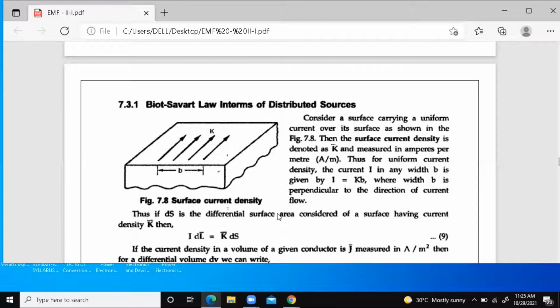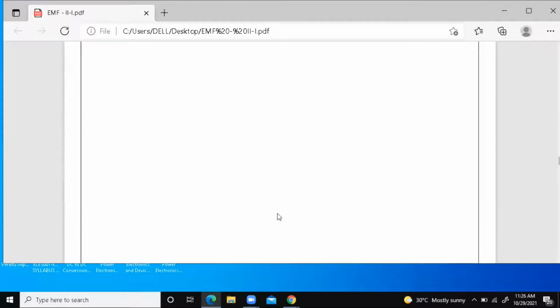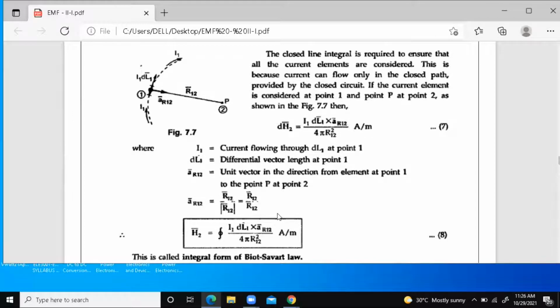Sir, is the contour integral over the dimensions of the wire? Like with the Gaussian surface?